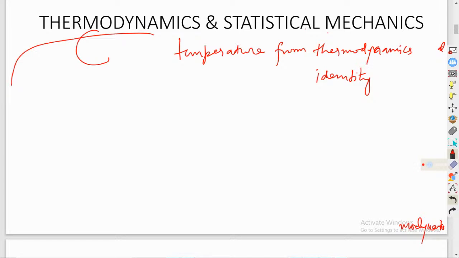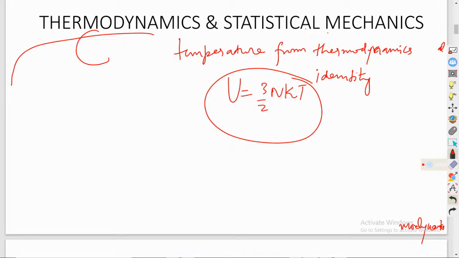We have to find U equals 3/2 kT. So we will find that later, the next day. Hope you find the physical significance of the thermodynamical identities 1 to 5, and we will discuss this in the next class. Thank you.